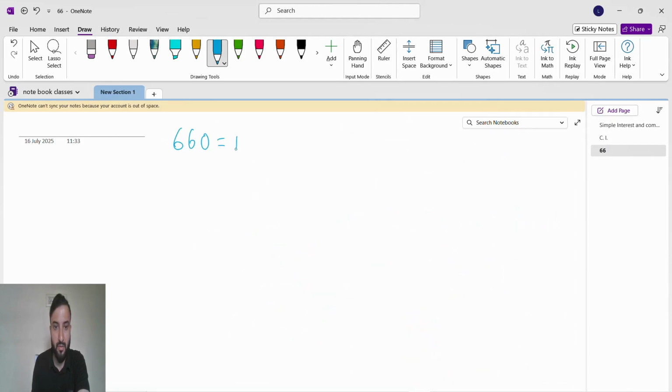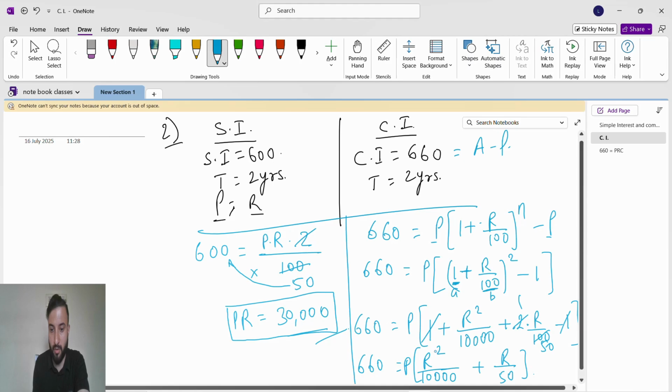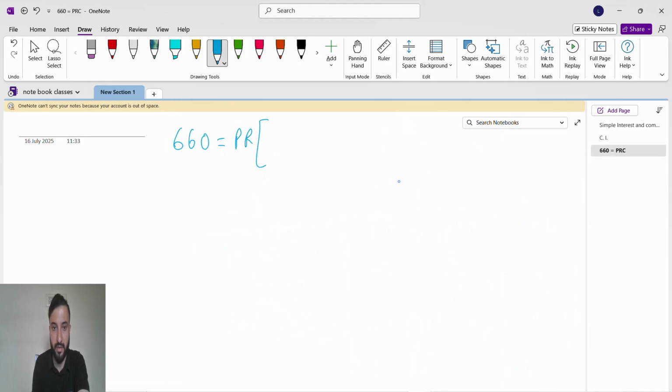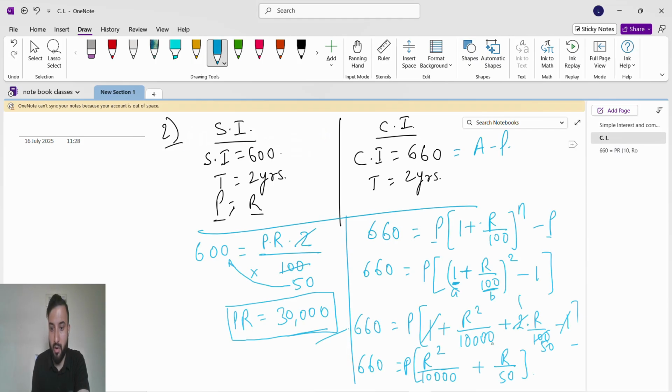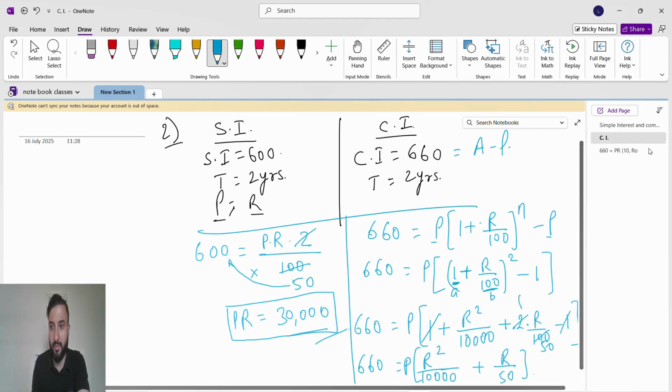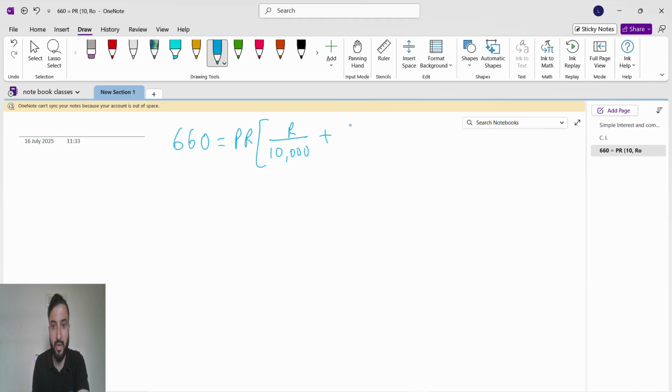So it becomes PR, and taking R common, R square becomes R by 10,000, plus here if I take R common, it becomes 1 by 50.